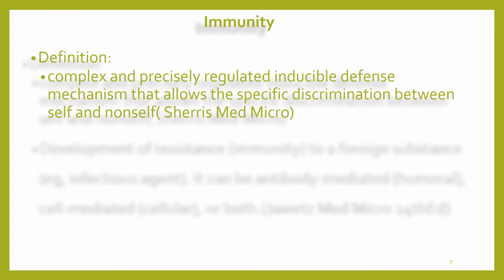What is important here is that it is complex and precisely regulated, and it should be inducible. You stimulate it, and it's a defense mechanism that allows specific discrimination. We should know what is ours, the self, and what is not ours, which is non-self.